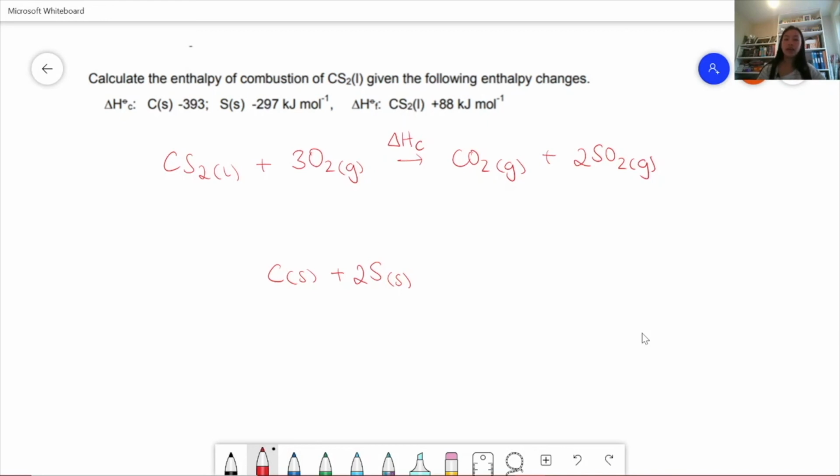And then we can combust carbon. So if I add an oxygen here, we can form the carbon dioxide because I'm completely combusting 1 mole with oxygen to form carbon dioxide. And then the same with the sulfur dioxide.